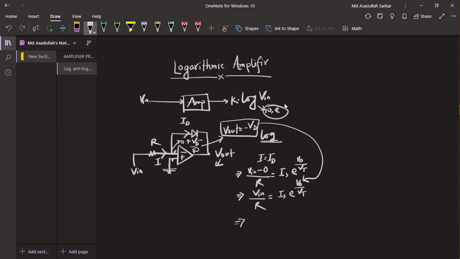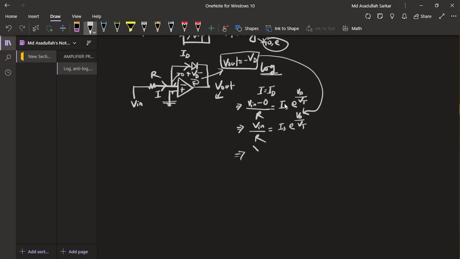So V in by R equals Is exponential Vd by Vt. Now we may write Vd by Vt equals V input by Is multiplied by R. If we want to remove this exponential, then obviously we have to take the logarithm of both sides.